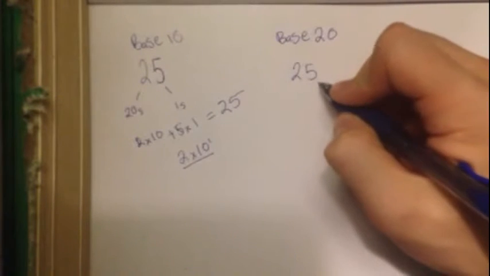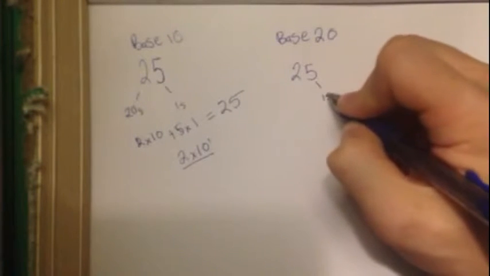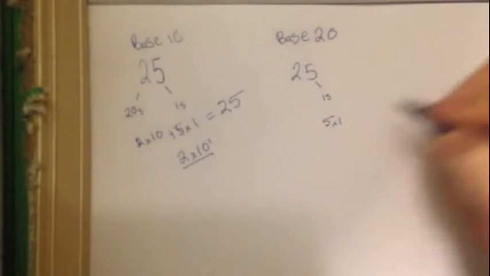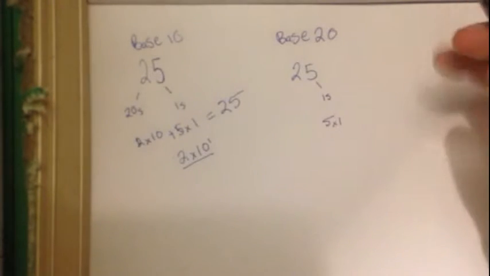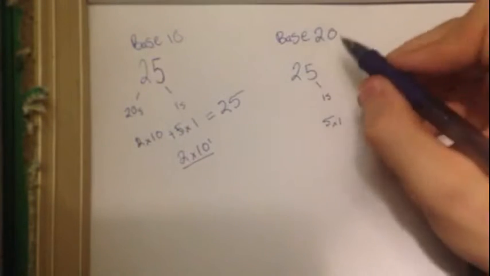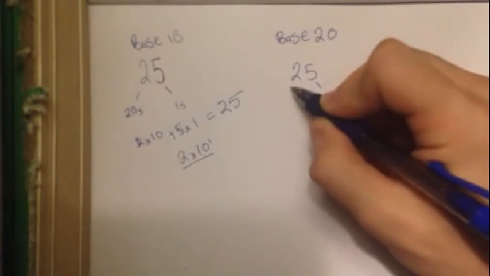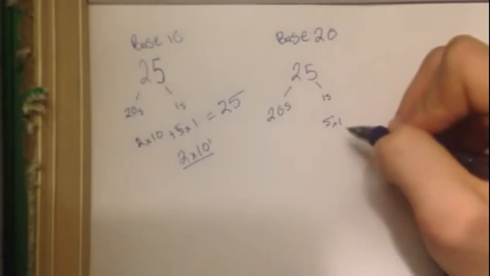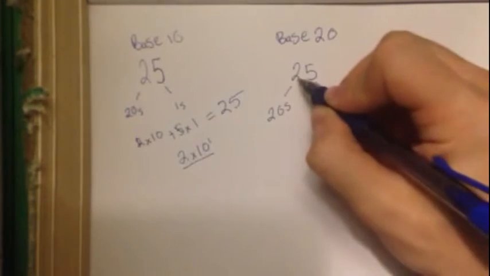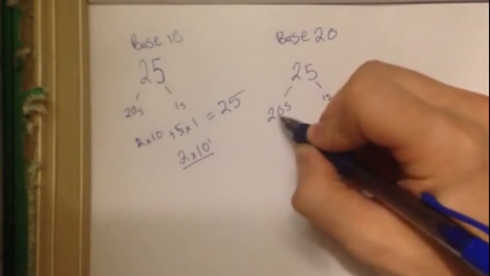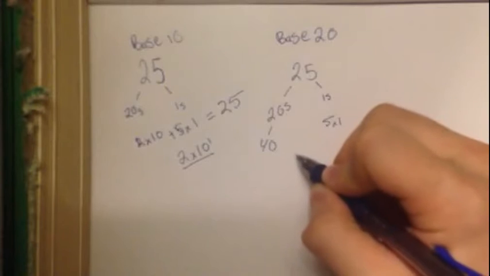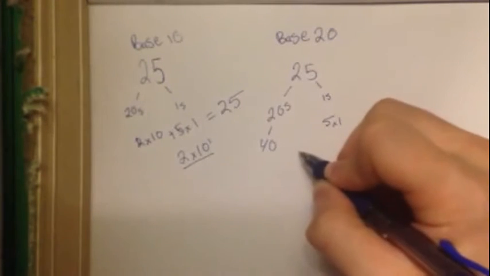So this 5 is still going to be in the 1's place. It's still going to be 5 times 1, or 5 times 20 to the 0 power, but that's still going to be the same. This, however, is going to be in the 20's place instead of the 1's place. So this is 2 times 20. So this number is really 45.